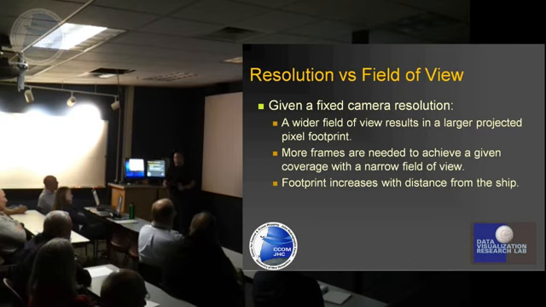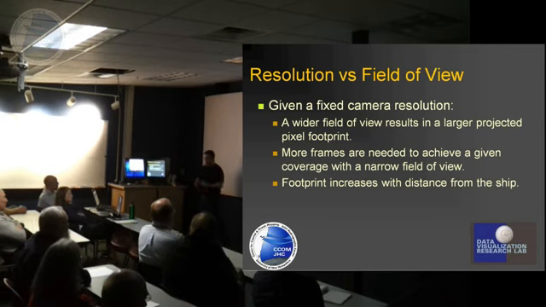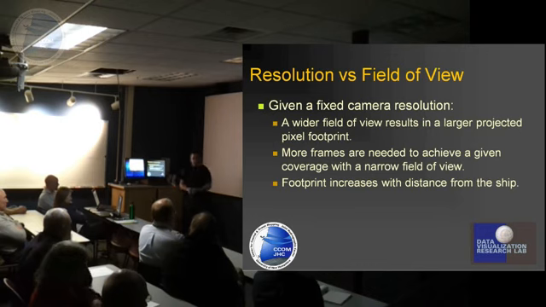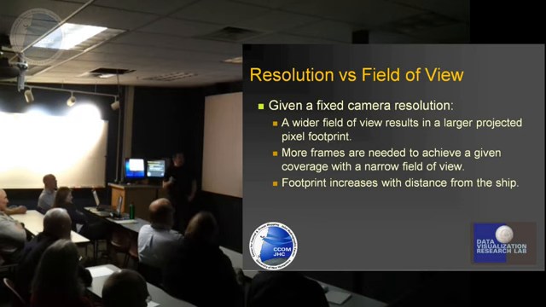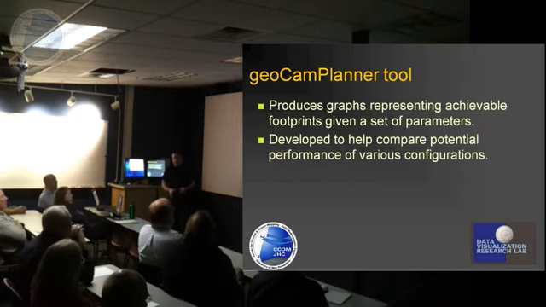So there are many factors that determine what resolution of a map we can create out of a certain configuration. And again, once we know the field of view and the resolution, now as we go further away from the ship, everything gets smaller, so that means our footprint gets larger again. So that's another factor that we have to take into account.